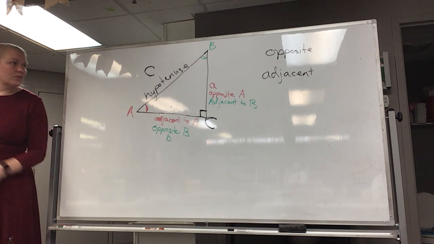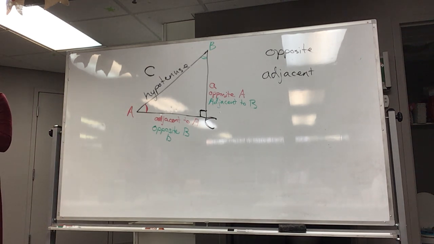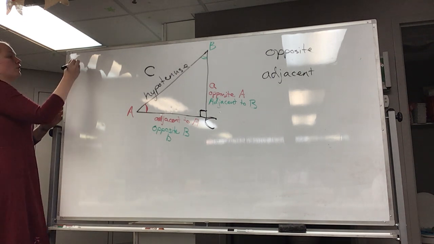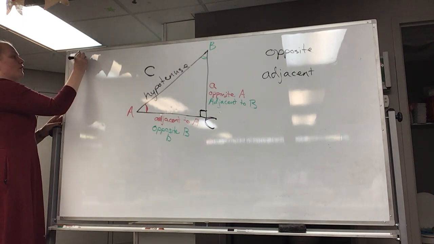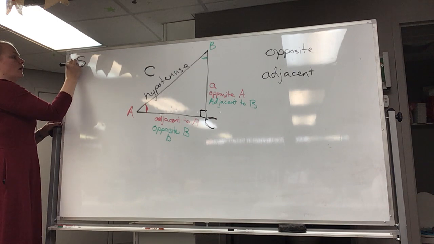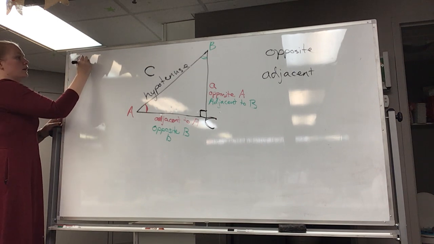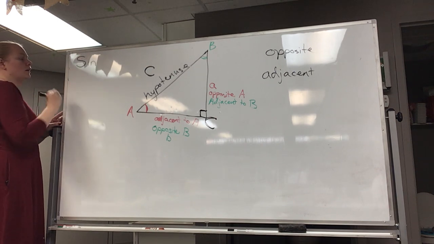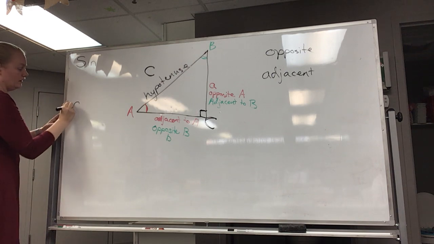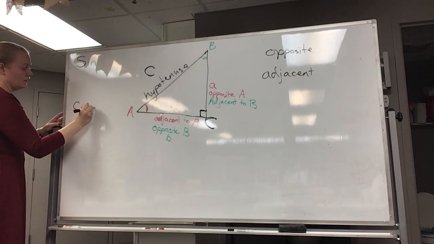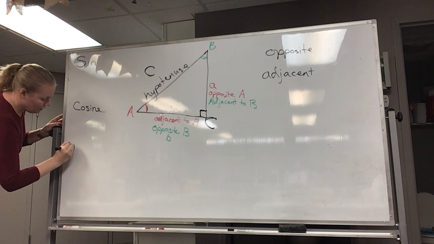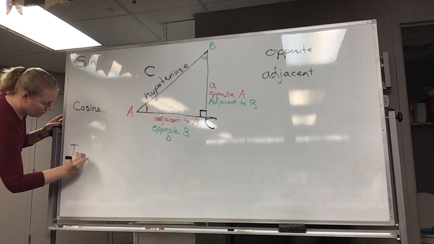Now we get our three trig ratios, or the three pieces that we frequently talk about. I like to write them vertically. The sine, the cosine, and the tangent.